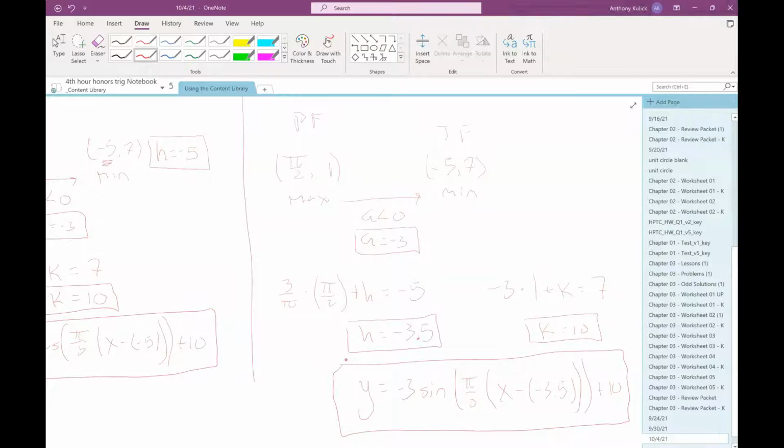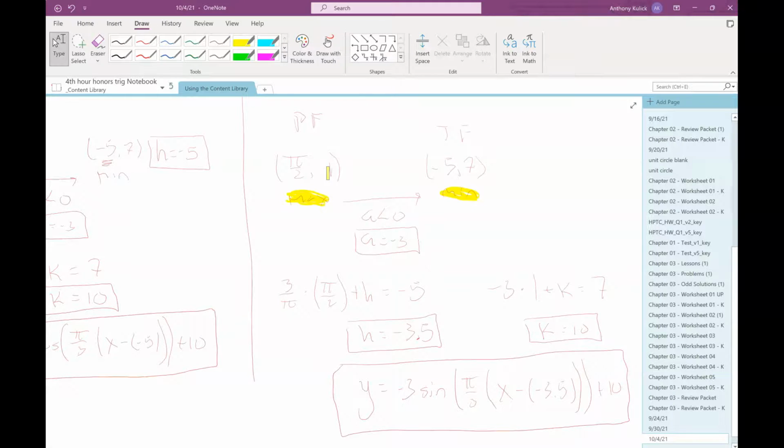Amy, could you just explain how we figure out if a is less than 0 or greater than 0? Sure. If I'm going to the same kind of extreme point, a should be positive. If it's going to the opposite kind, it's going to be negative. So when you say opposite kind, do you mean from max to max? If it's max to max, a would be positive. If it's going max to min, a would be negative.